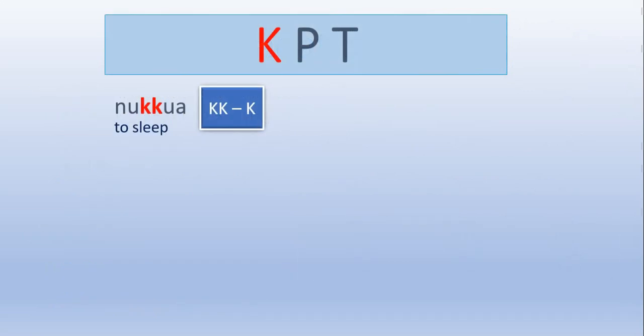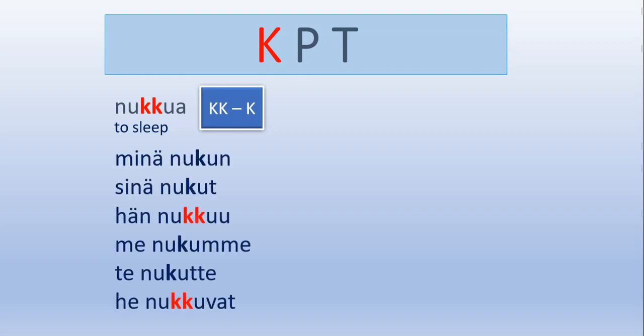First, we have KK, double K, which turns into 1K. And the example verb is to sleep, nukkua. As you can see, the infinitive, to sleep, nukkua, has double K. Let's see the other forms. Minä nukun, sinä nukut, hän nukkuu, me nukumme, te nukutte, he nukkuvat.